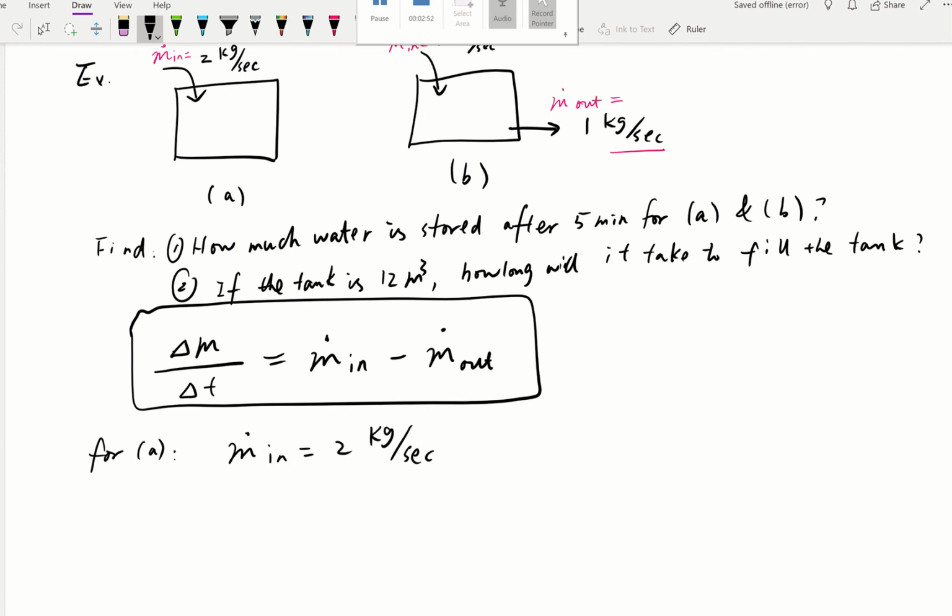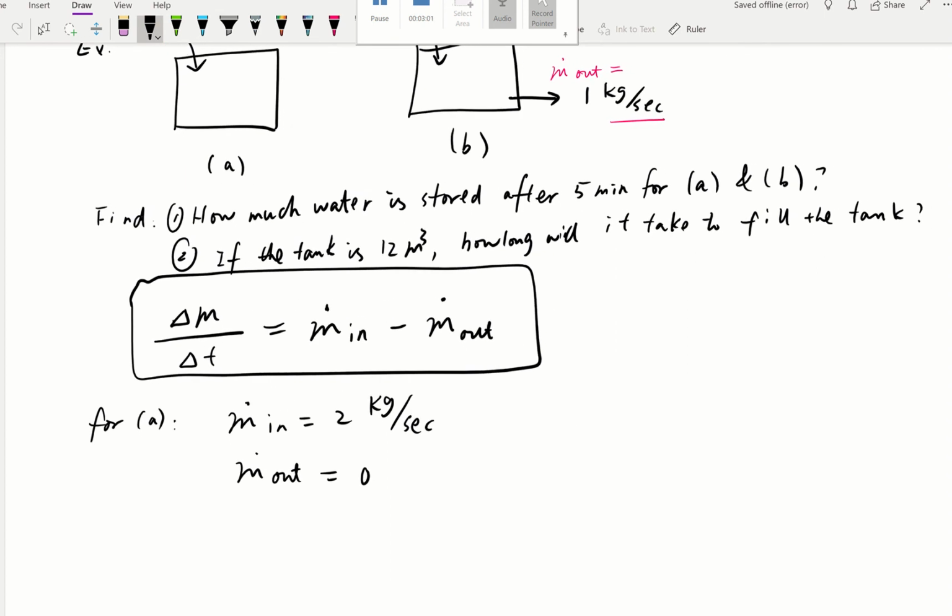And what would be the mass flow rate out for A? It's 0, there's no leak, right? So we can quickly plug into this conservation equation. Then delta M over delta T is going to be 2 minus 0, that's equal to 2 kilograms per second.